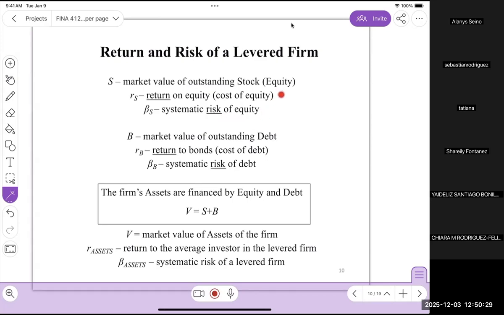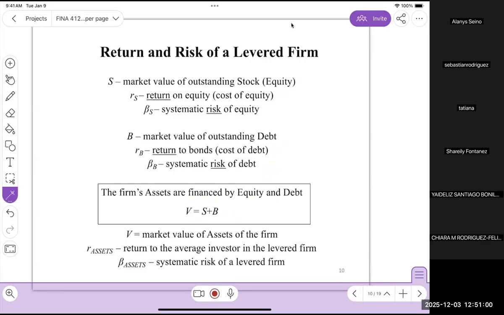So these are measures of return and risk for stock. And then we have the comparable risk and return measures for debt. This is the return of bonds, or cost of debt, it's called. And the beta of debt is known as the systematic risk of debt. And together, these create the value or market value of assets of the firm.